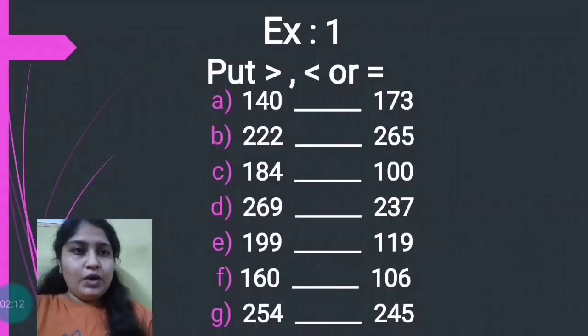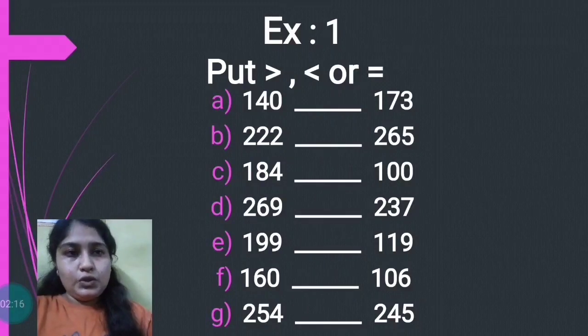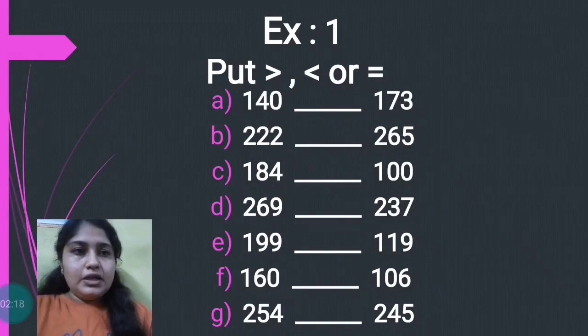The exercise number 1 is put greater than, less than or equals to. Okay students, first we will understand this and then we will write it down in our maths notebook. So the A is 140 dash 173. Students, in this exercise you have to compare the two numbers and fill that blank with the sign.